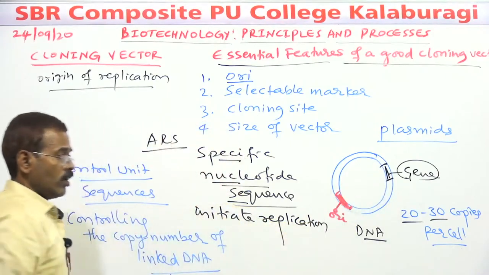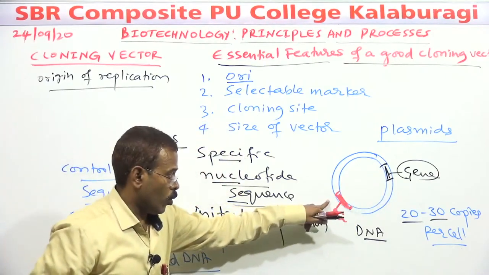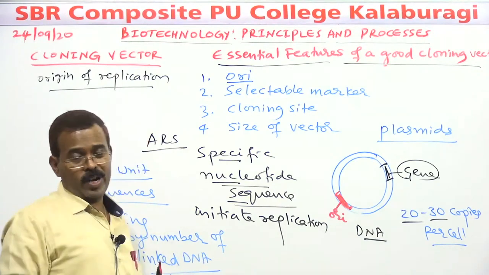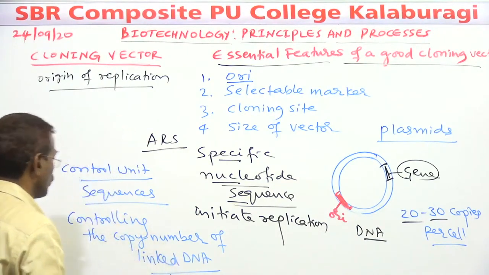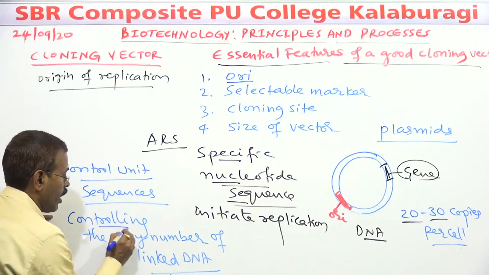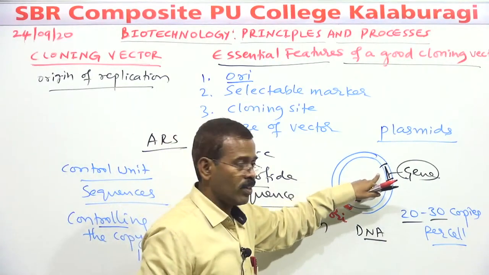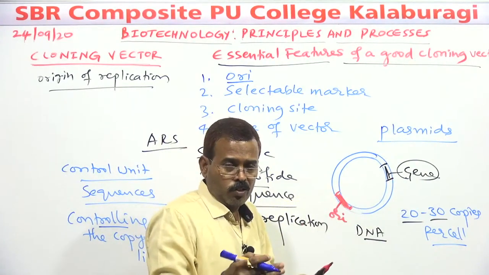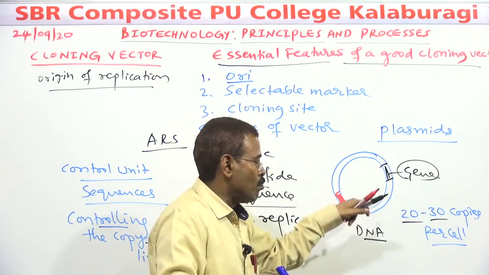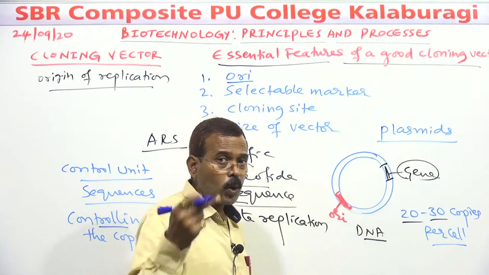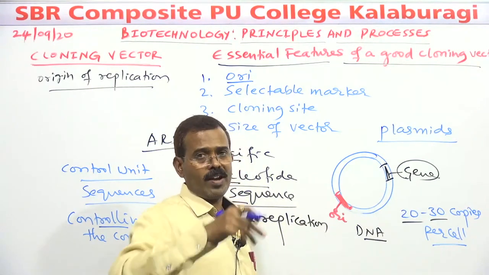See, ORI initiates the replication. It also has a controlling unit. It has specific sequences which control the production of copy number of linked DNA. Means how many copies of the gene should be produced by the multiplication or replication of this vector. That control unit also can be present in it.